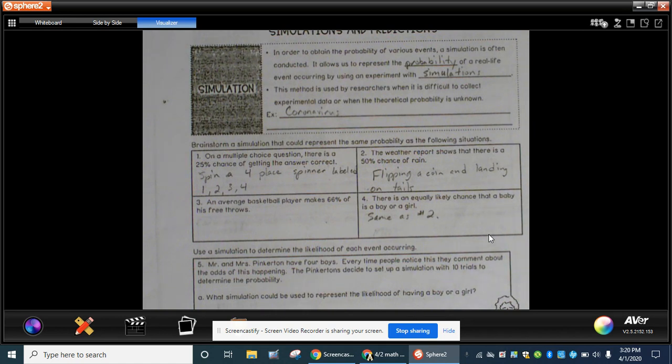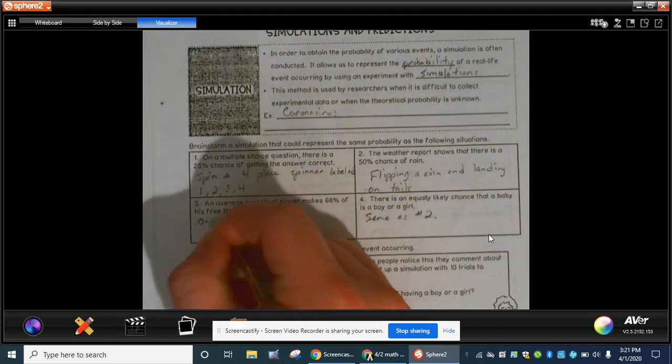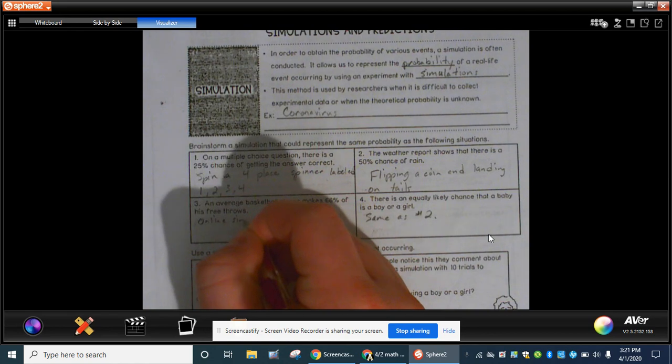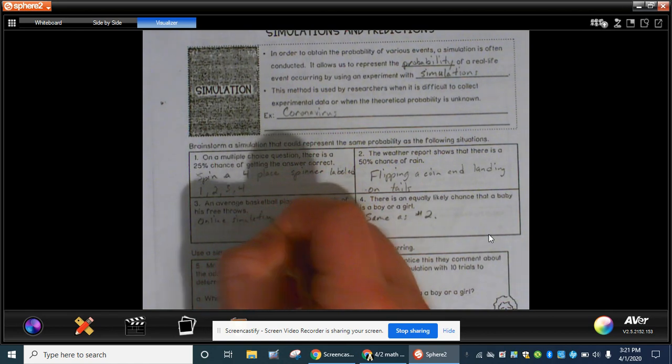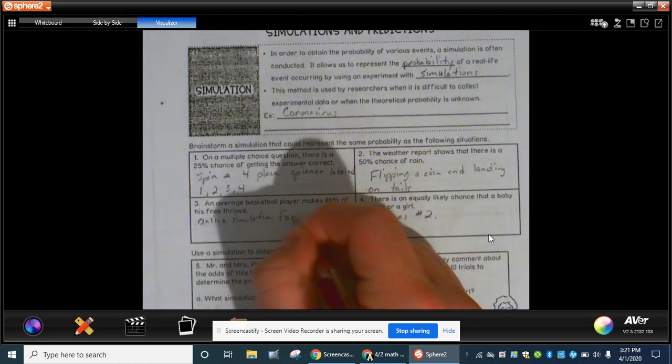So what we could do is use an online basketball simulation where we aim for the probability of hitting 66% of our free throws. There's really not a good simulation that we could use for this right here. So I'm just going to say online simulation for the same event.